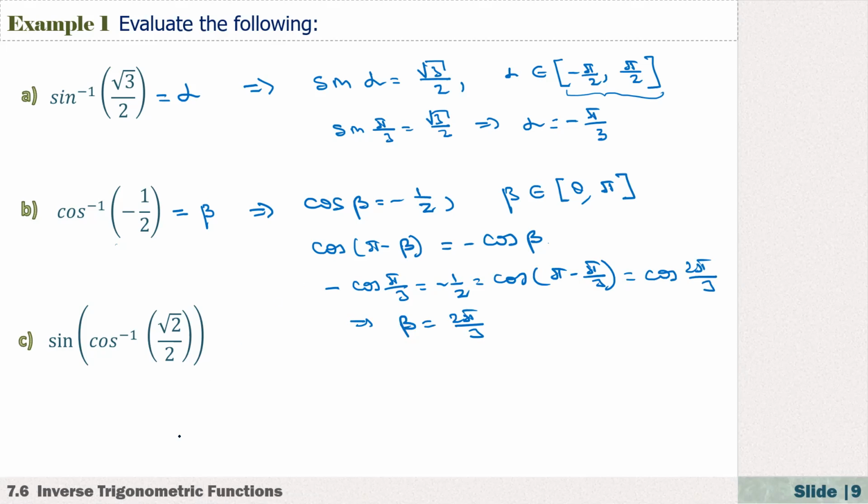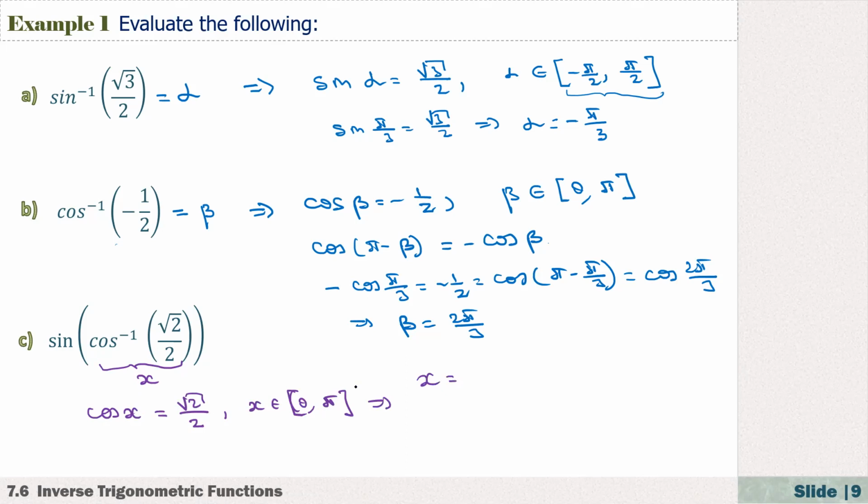And how about in example C? In example C, suppose that inside this one, let me just denote this by x. By definition, here we have cosine of x is equal to square root of 2 over 2. And we know that our x is an angle in the interval from 0 to pi inclusive, right? So from here, what is x then?